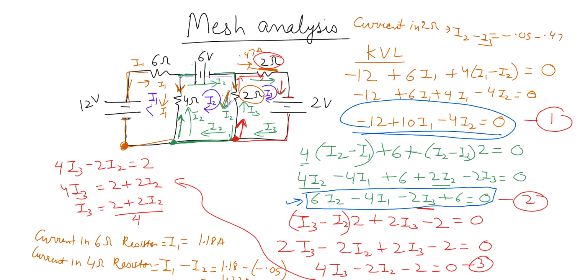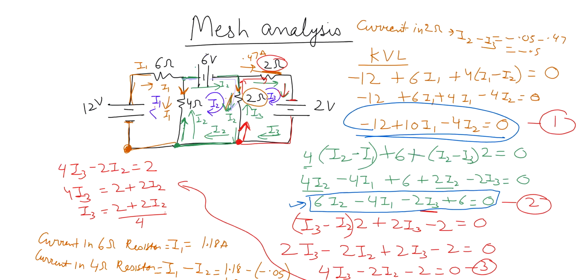So that will give me here 0.05 plus 0.47 gives me 0.52. So it gives me negative 0.52 ampere. What does this negative represent here? You need to be careful. Negative represents that I took I2 in the beginning, in the first place, I was assuming that the current is flowing in the I2 direction.